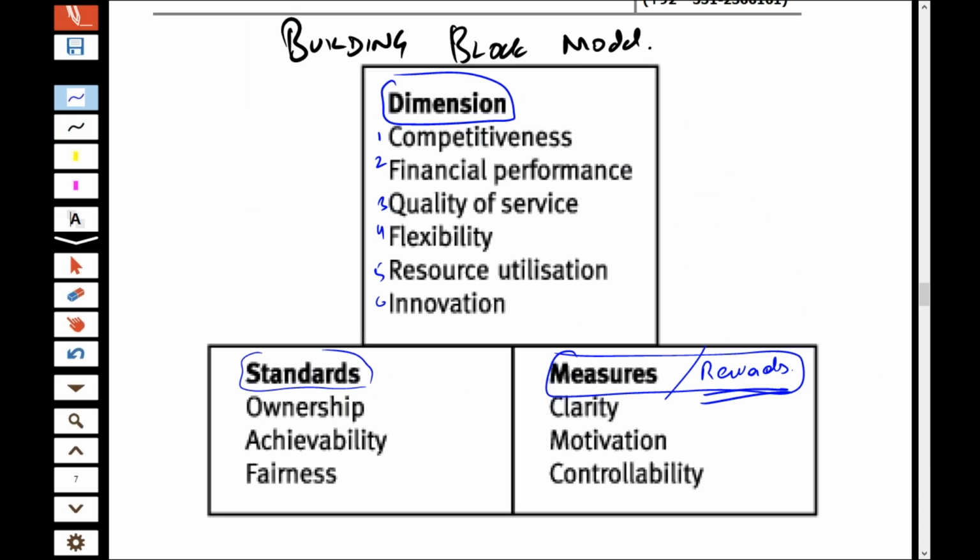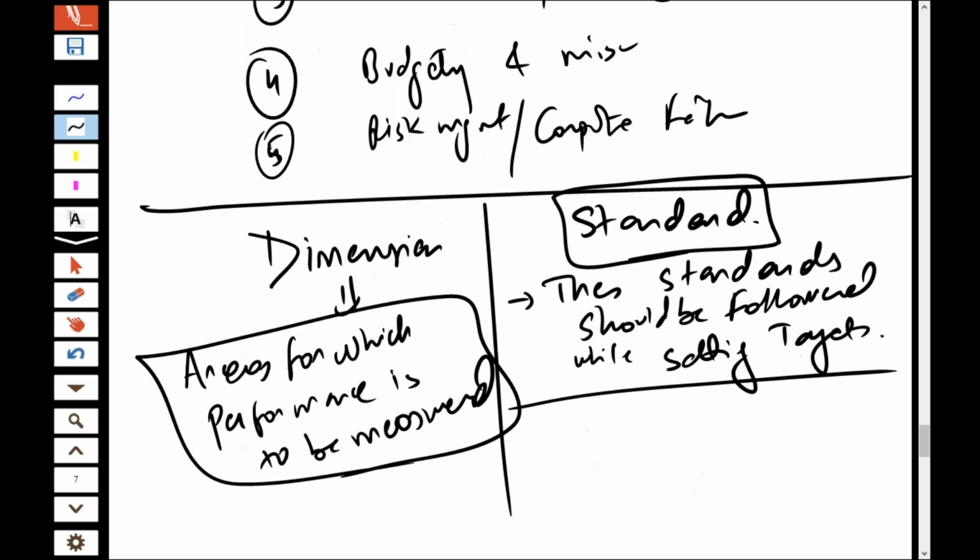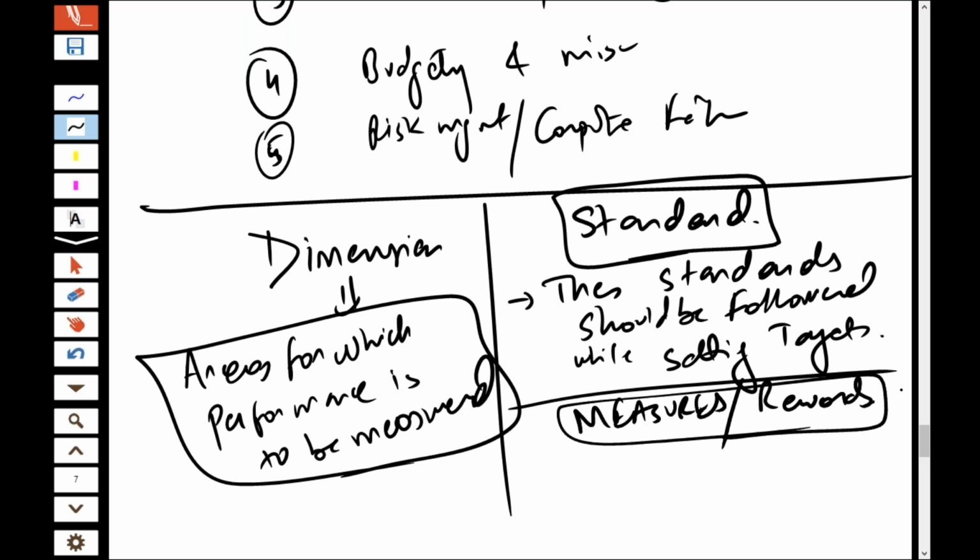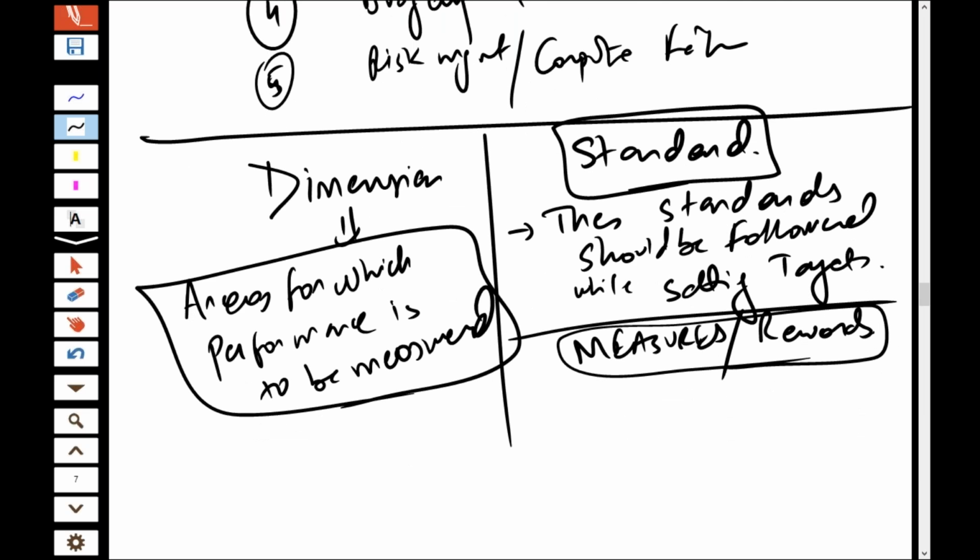And then you've got the measures or the rewards block. You would find at few places it's termed as a rewards block. At few places you would find them to be measures. So this actually tells you how the measures must be.